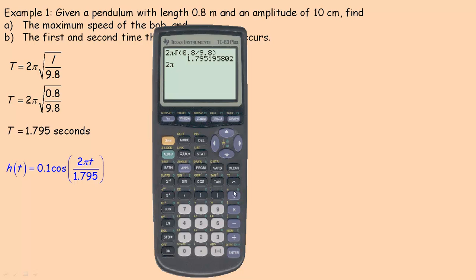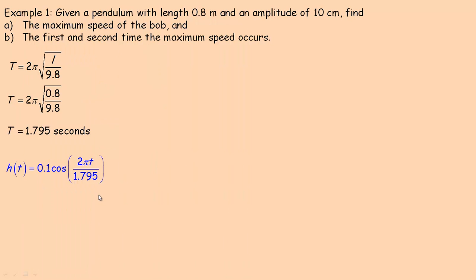So it's 2π divided by 1.795. This constant here is almost exactly 3.5. It's 3.500, and then the next non-zero digit doesn't come until much further along the decimals. So I'm going to simplify this to 3.5t, and so that's the height.